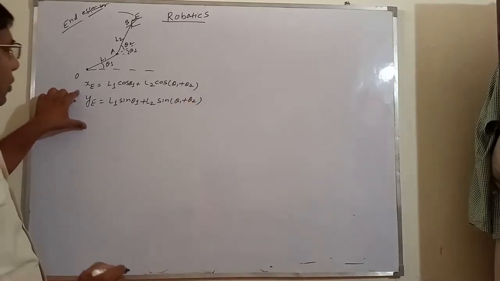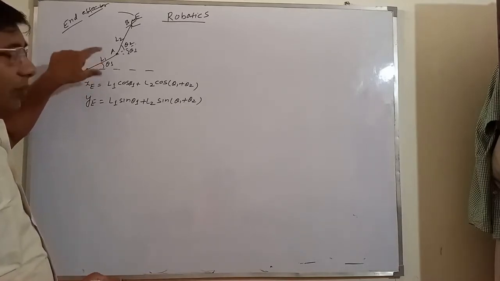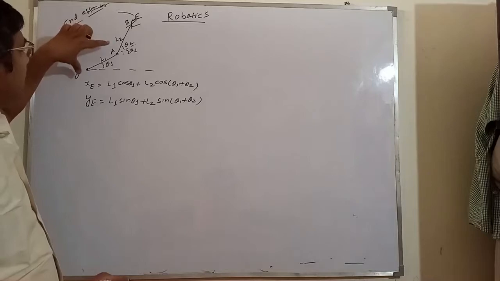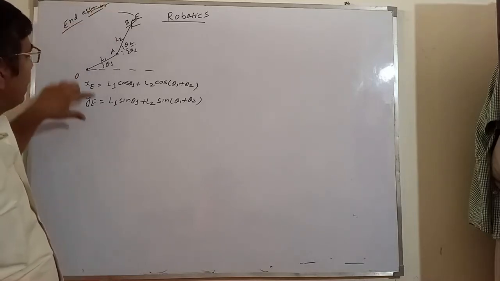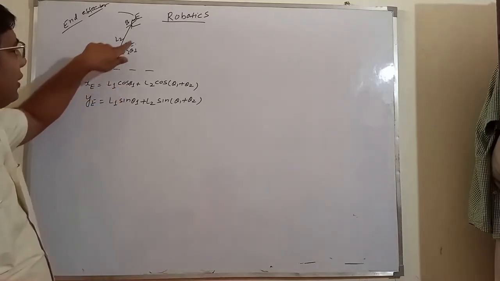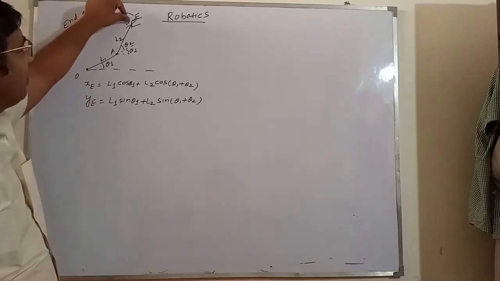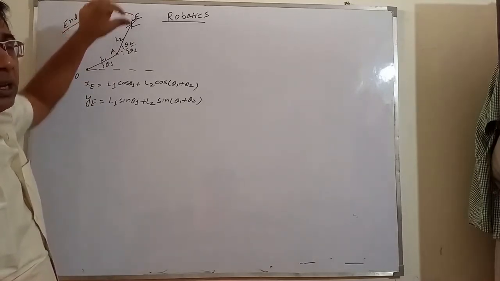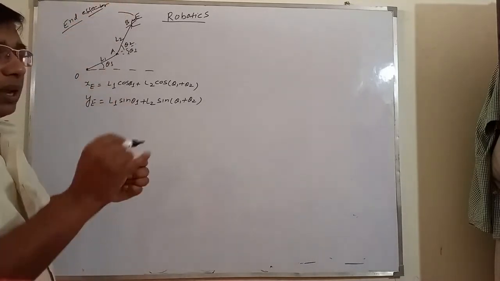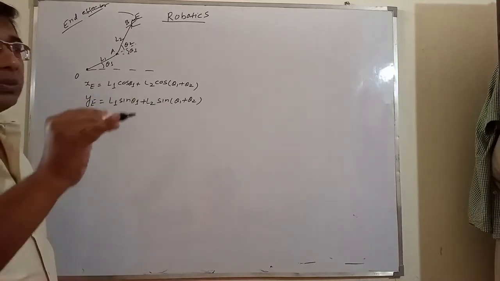So what we are seeing here, for a given angle, obviously link length is fixed, so we can vary the angle theta 1 and theta 2. Accordingly we can get different values of the end effector position. Because suppose we want to make a hole somewhere, or we have to do some painting.